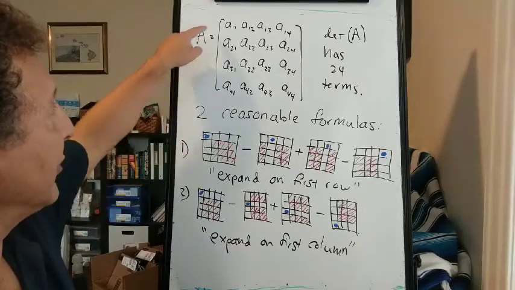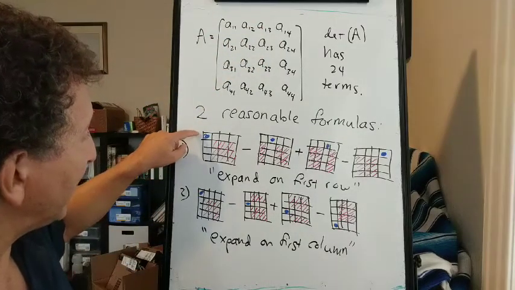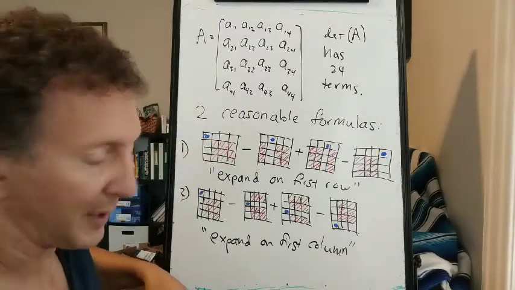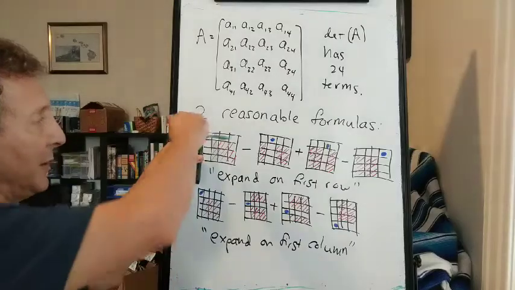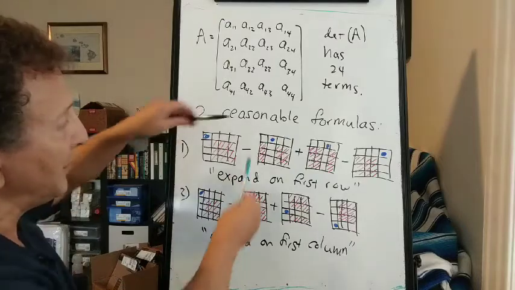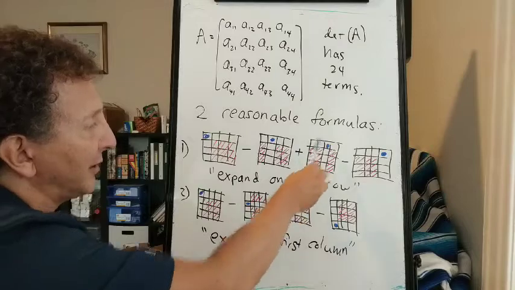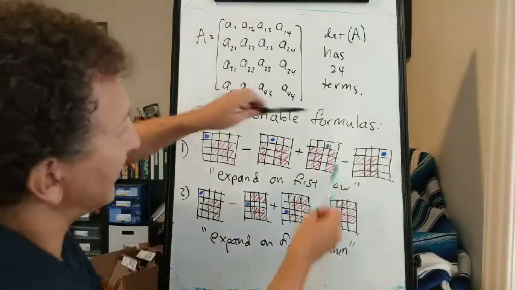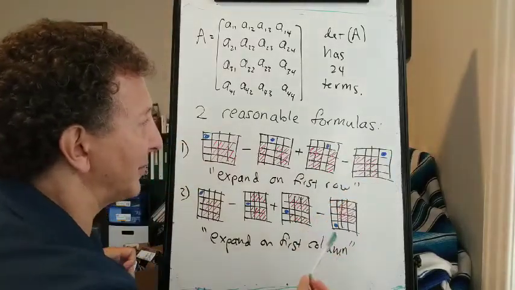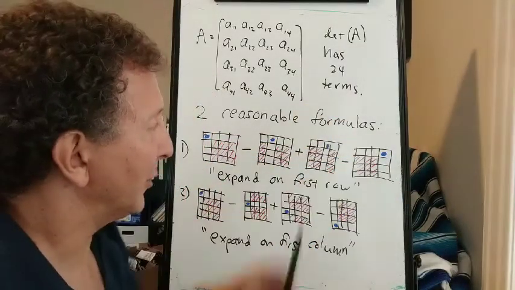So we could take the entries in the first row one at a time and take the entry in the first row, first column, and then the determinant of the 3 by 3 matrix that we get by eliminating that row and column, minus the next entry over, times the determinant of the matrix we get by eliminating that row and column, plus the next entry over, times the determinant of the submatrix we get by eliminating that row and column, minus that last element in the first row, times the determinant of the matrix we get by eliminating that row and column.